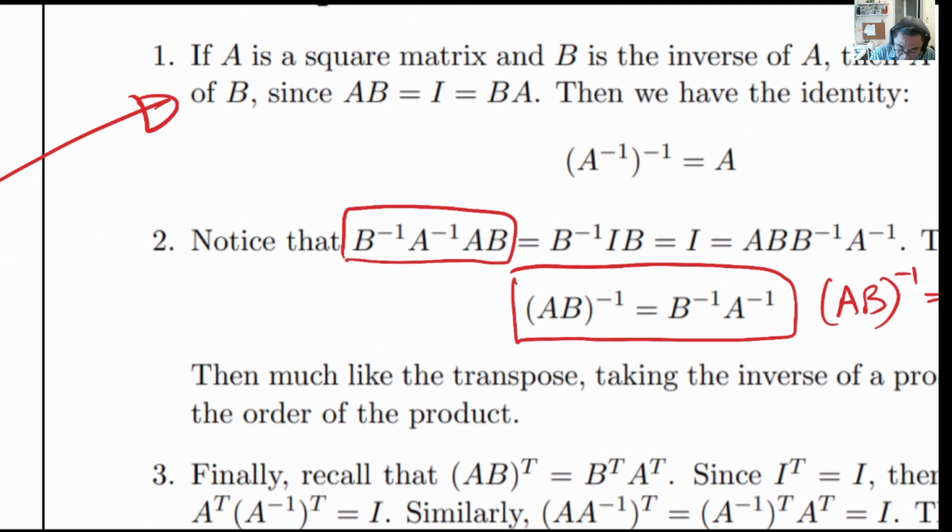If we make the appropriate bracket, B inverse multiplied by A inverse multiplied by A multiplied by B. This A inverse times A is identity of the appropriate size. Anything multiplied by the identity is the same value. So basically, we'll throw this away, and now we have B inverse times B. Therefore, we get identity.